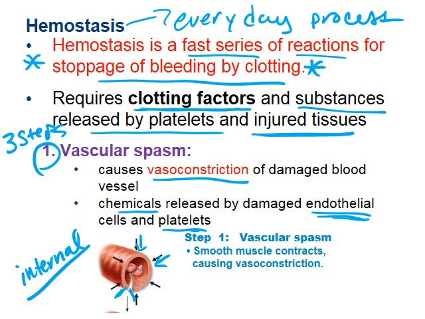So basically, if you have a tear, it's going to expose some collagen. We'll see in just a second. It's going to expose collagen, and the platelets are going to start sticking. Then chemicals are released that initiate this hemostasis process. But step 1, vascular spasm, is vasoconstriction of the damaged blood vessel.